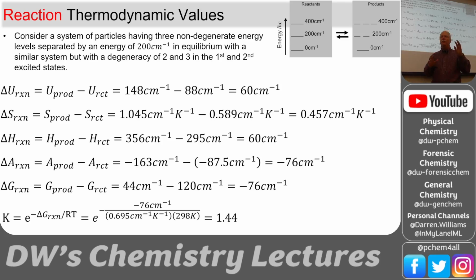Now, that can change if your ground states are different, right? So if we start raising the ground state from that 0 wave numbers and start moving it up, now the Boltzmann distribution may slosh molecules back to the left. So it's not always the degeneracy, it's also the relative ground states. But since these both have the same ground state, then it's just a matter of degeneracy.